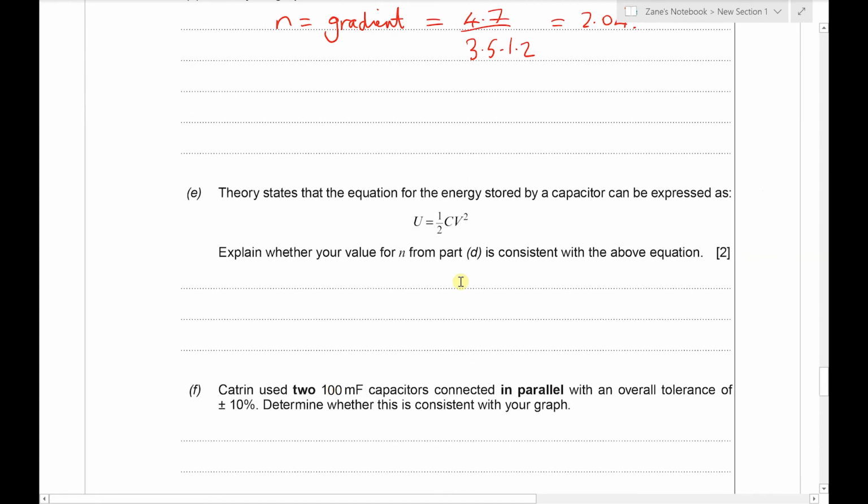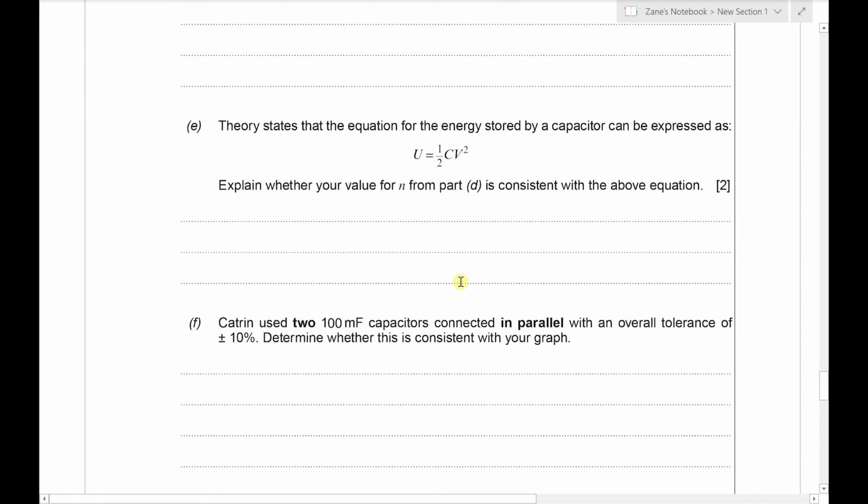Next, theory states that the equation for the energy stored by a capacitor can be expressed as U equals a half CV squared, and we could explain whether our value for n from part D is consistent with the above equation. Well, the original equation was U equals KV to the n, and if we compare these two, the power of V should be 2.